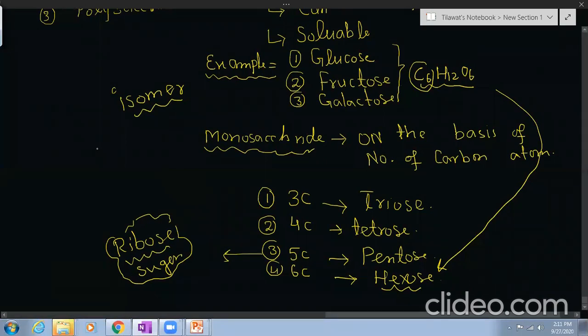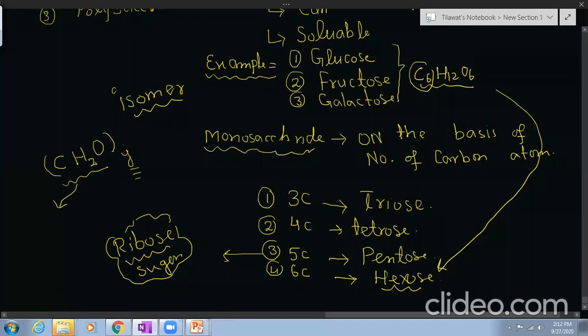All right. So the general formula for monosaccharide is (CH2O)y. Here I will put Y. What does it mean? Y can represent, for example, glucose, right?